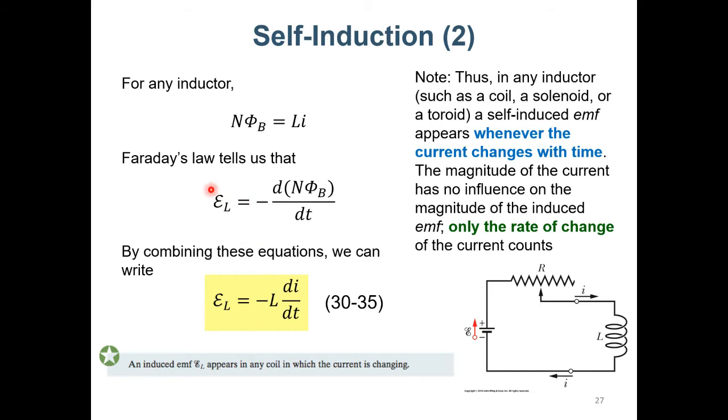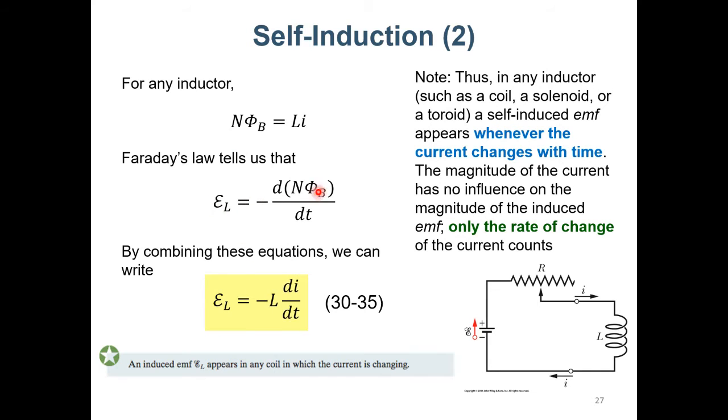And according to Faraday's law, EL is the time derivative of the magnetic flux. So we just need to take the derivative of this equation on both sides, and then we have another minus sign.